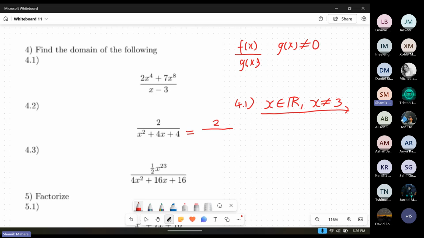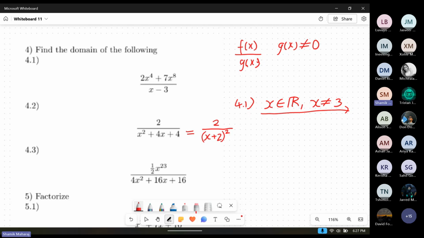So to factor this, I can rewrite it as x plus 2, x plus 2. You can check by using FOIL and opening it up, and you will get back to the original. But x plus 2 is repeated here, so I can just write it as x plus 2 squared.